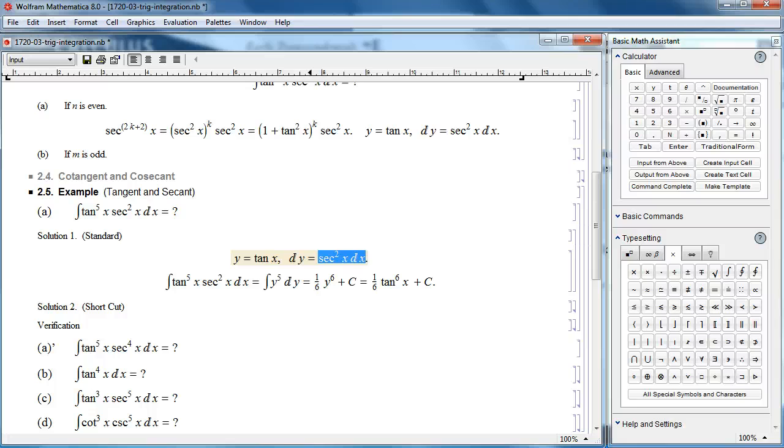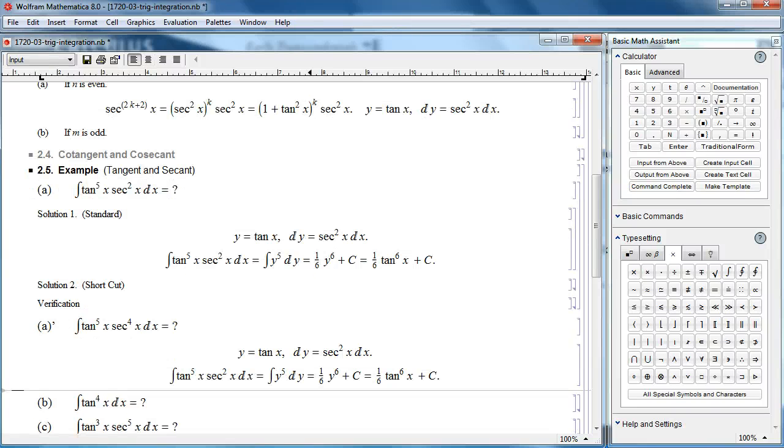Here we need a little bit further computation, and let me copy and paste this because the computation will be pretty similar. So dy will be secant squared dx. So this will be the fourth power, right?